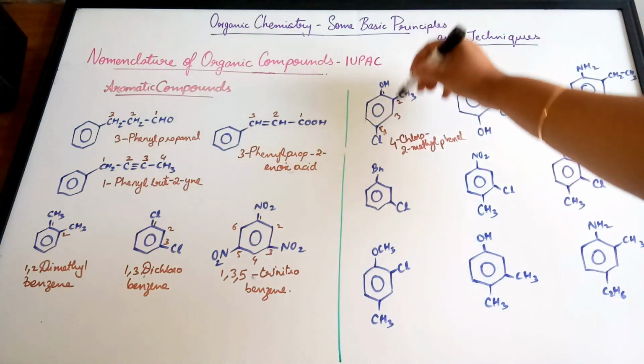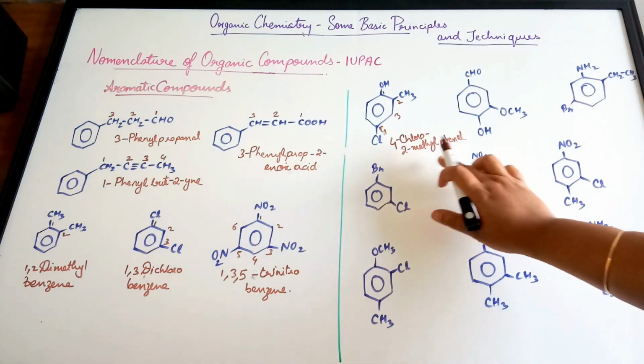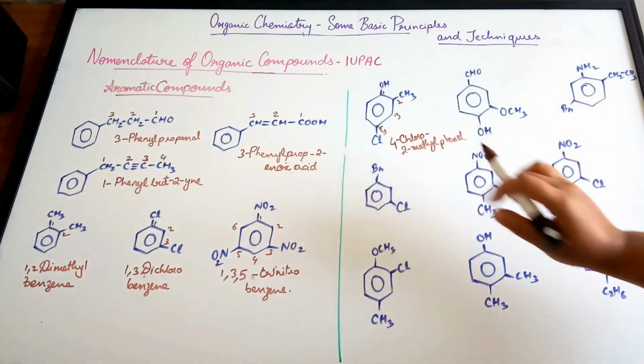The name of the compound is not going to be benzenol, but it's going to be phenol, because this ring without CH3 and Cl is a phenol ring, and this compound is basically a derivative of phenol. So 4-chloro-2-methylphenol.